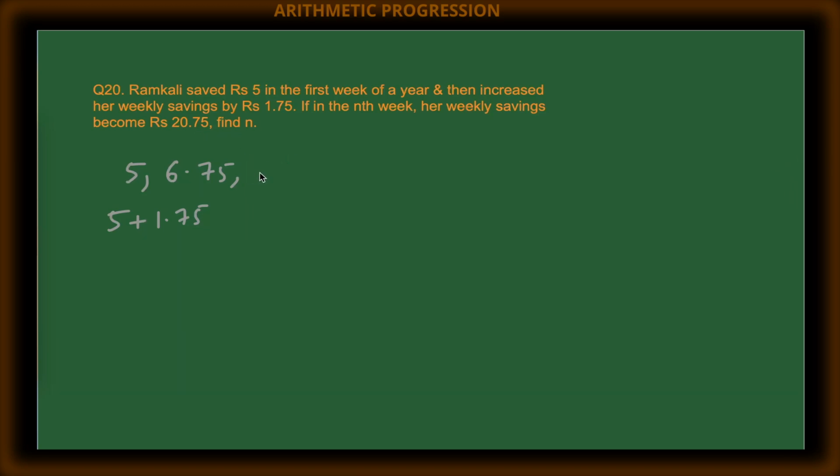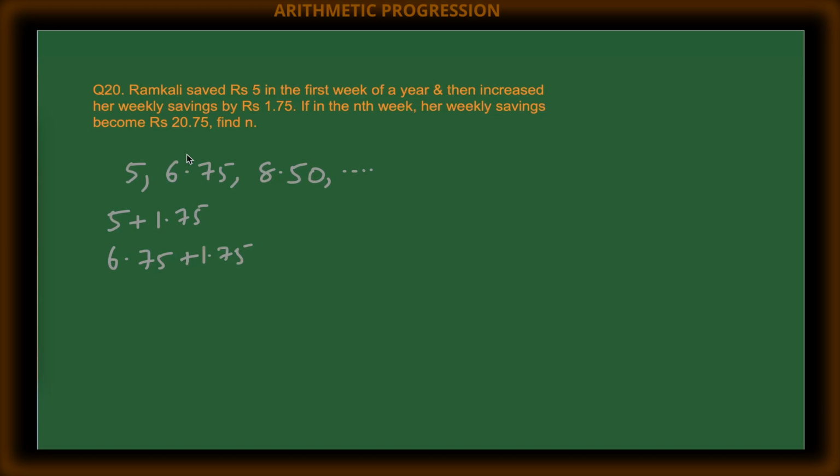Third week she incremented 6.75 plus 1.75, which becomes 8.50. Like that she continued. So let's read it. She saved ₹5 in first week of the year, and then increased her weekly savings by ₹1.75. So it's added.